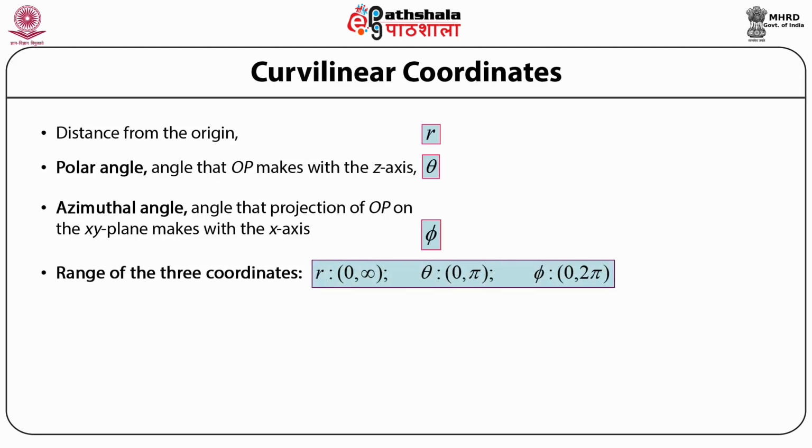And the range of these three coordinates are: r will vary from 0 to infinity, theta will take values from 0 to pi, and phi can take values from 0 to 2 pi.